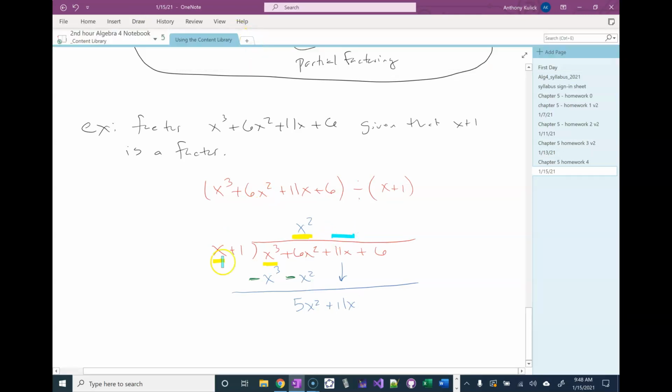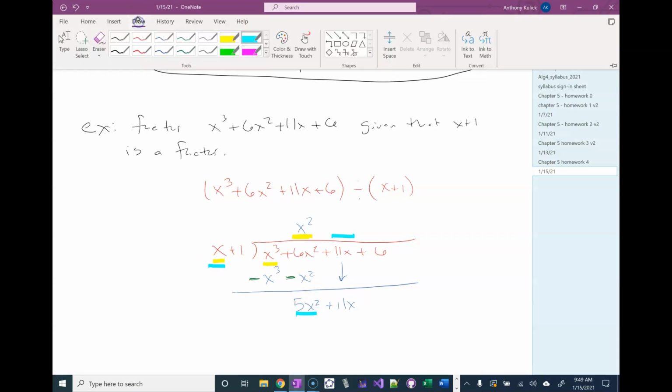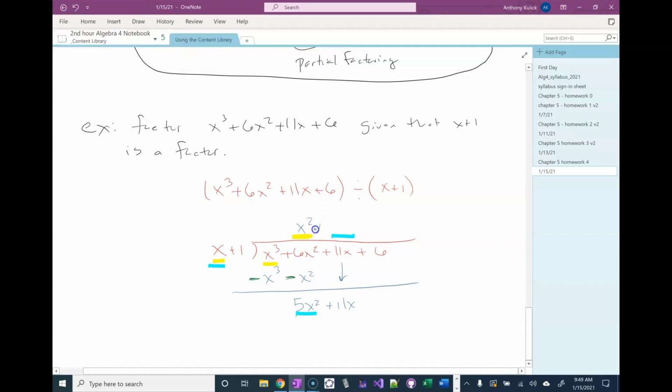And ask myself, what times x gives me 5x squared? Well, that's just 5x, right? And again, distribute. Write it underneath and subtract down.